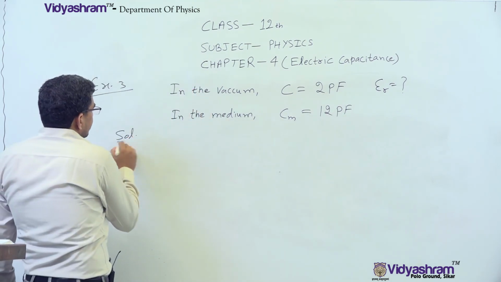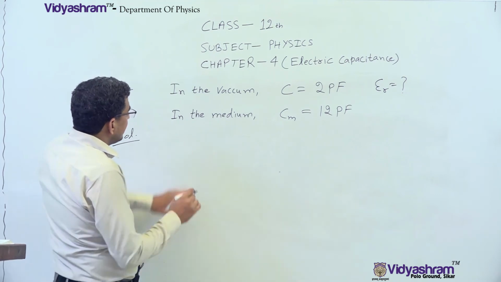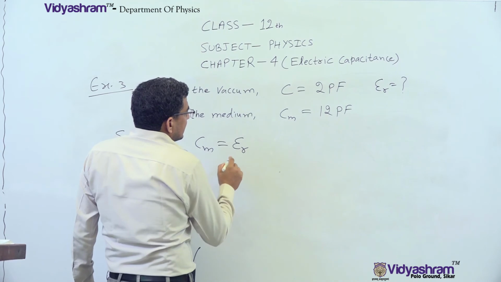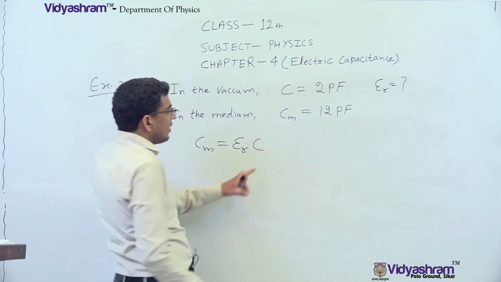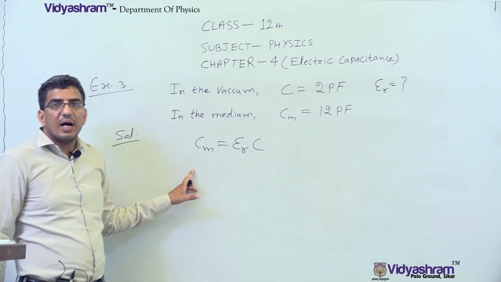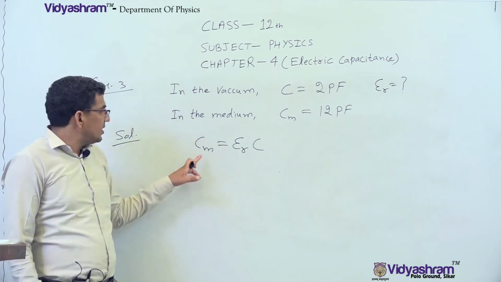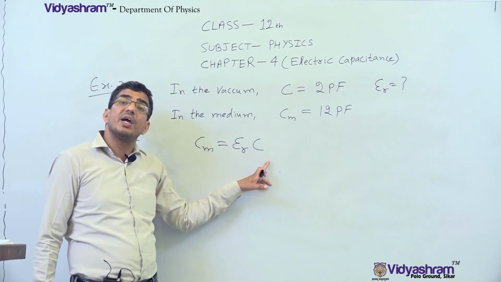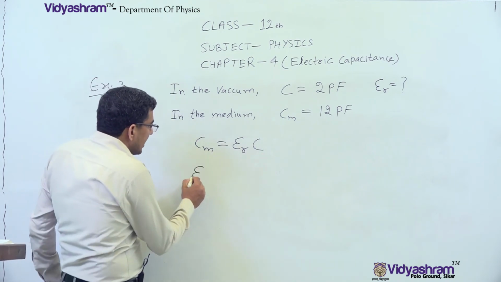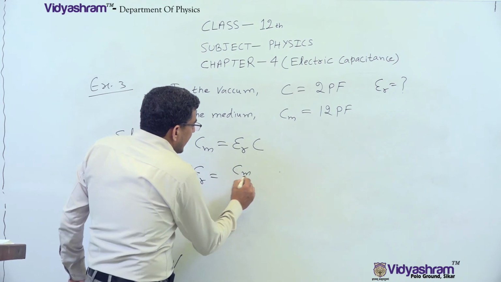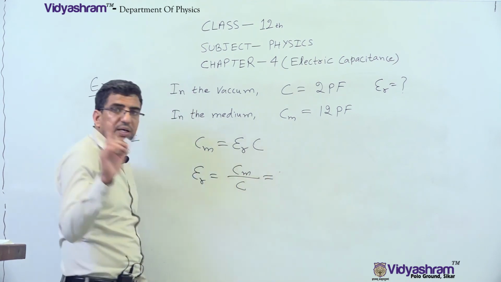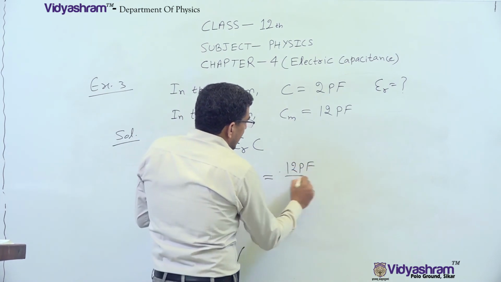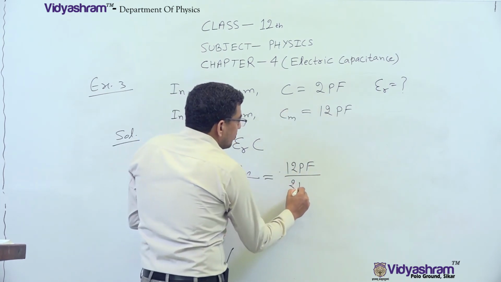Solution: we know that capacitance in medium is equal to epsilon r times capacitance in vacuum. I told you this formula in the previous lecture. So epsilon r is equal to Cm upon C, that is 12 picofarad upon 2 picofarad.